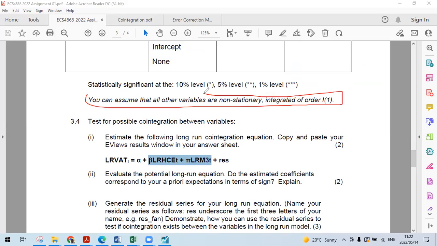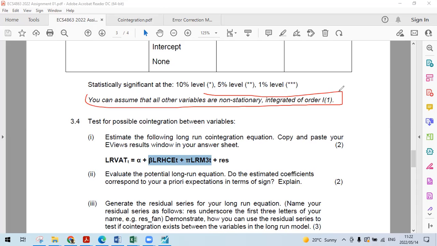You can assume that all other variables are non-stationary and are integrated of order 1. In other words, assume that all those other variables we didn't test for stationarity are of order 1. They are not stationary, but they are stationary after differencing them once. Are we together there?